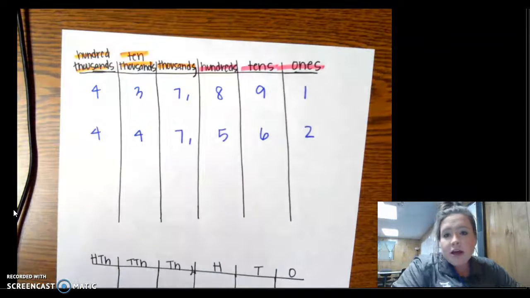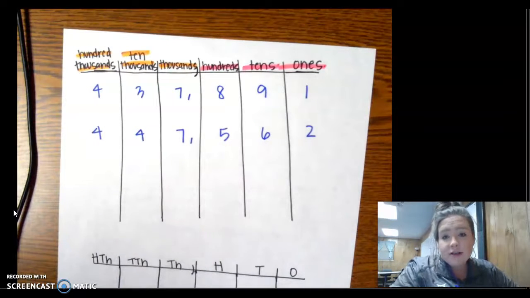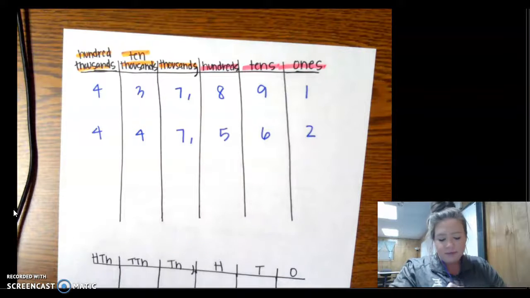When we start comparing and ordering numbers, so when we start putting numbers in order from greatest to least or least to greatest, or if you're just deciding between one number is greater than or less than the other number, what place value do we look at when we first start comparing and ordering our numbers?